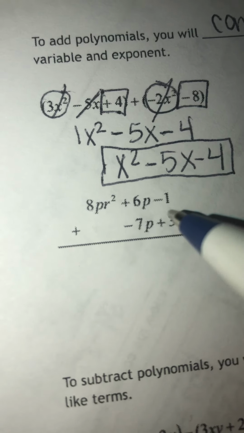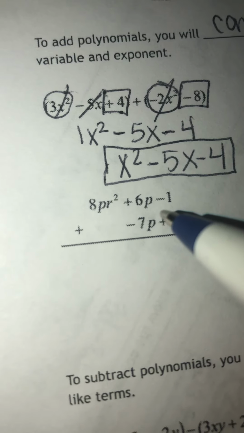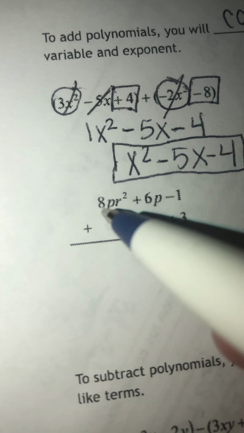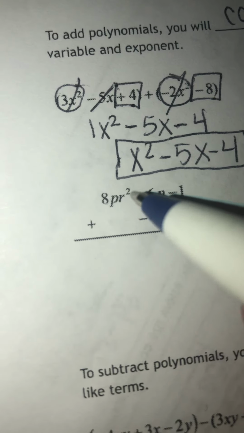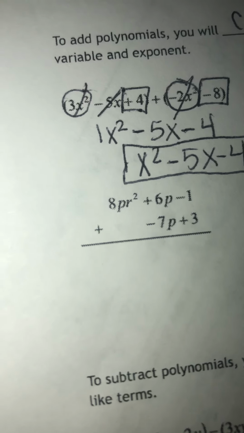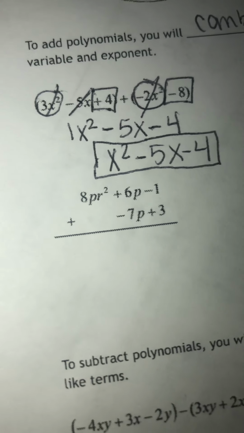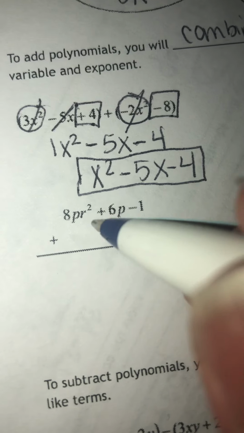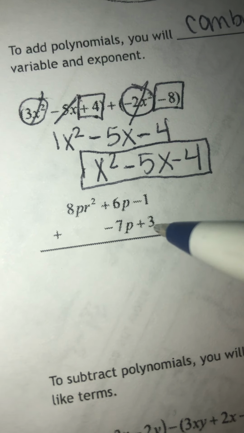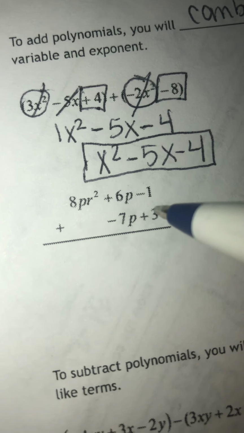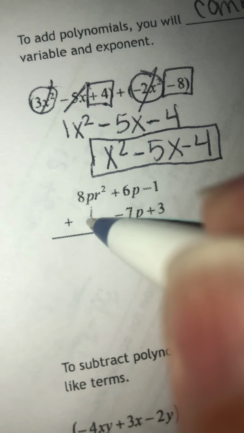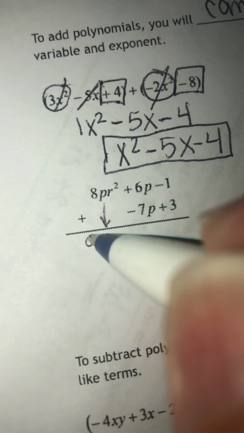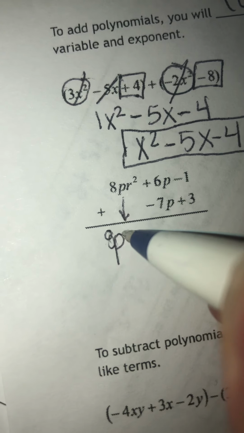Since the second one didn't have any p squared terms, I didn't write anything underneath the first term of the first polynomial. So these two are like terms, and these two are like terms, so I'm going to be combining those together. This one, nothing goes with it, so that just comes straight down.